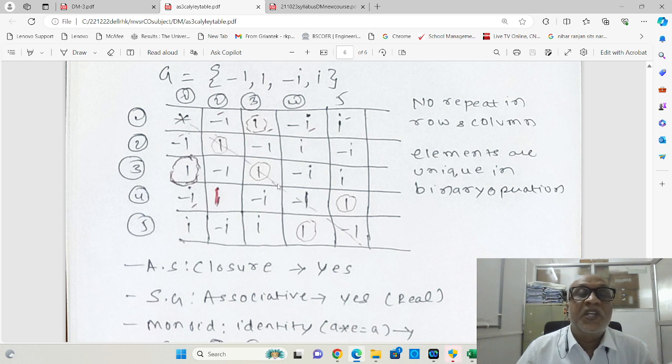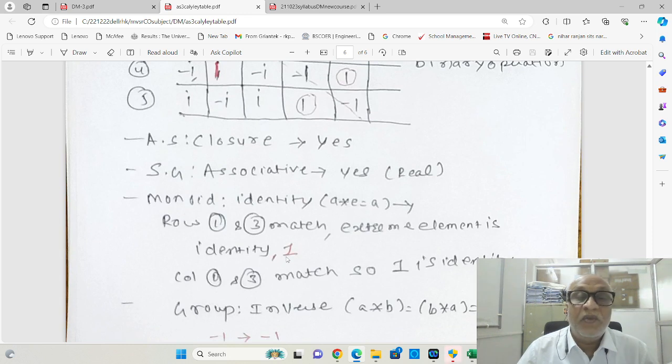Similarly I have to check the column: minus 1, 1, minus i. Same thing. Column 1 and column 3 are matching. So I have to take the extreme element of the column. What is the extreme element of the column? 1. So 1 is the identity element. So the monoid property is also held, the identity property is also held.